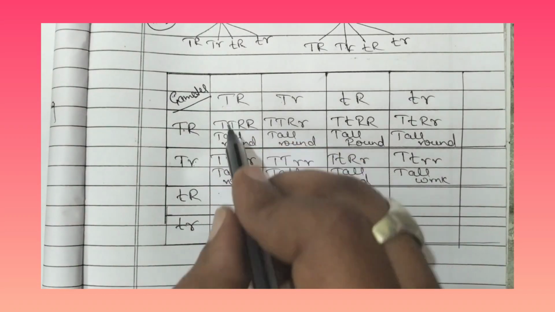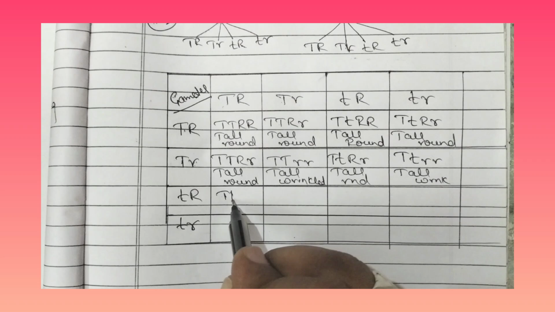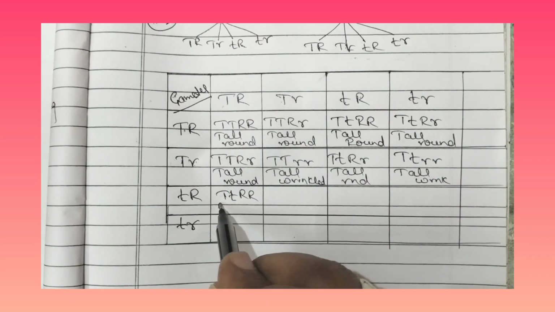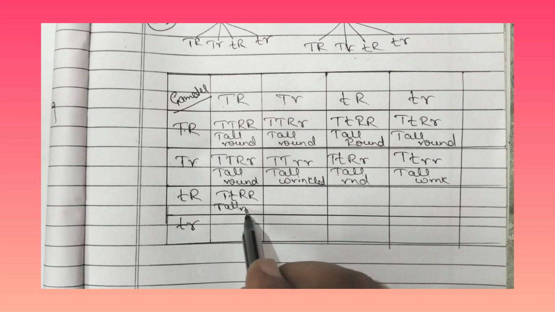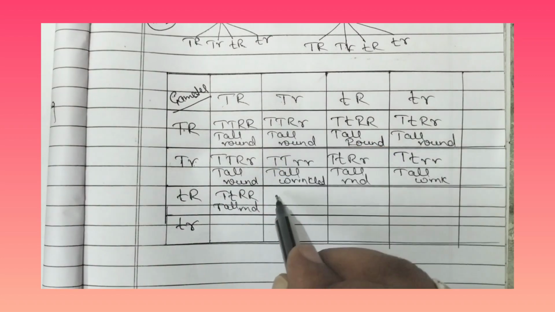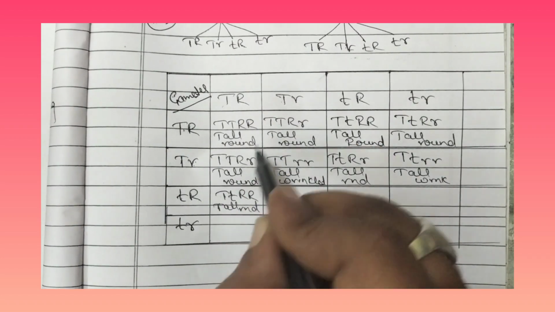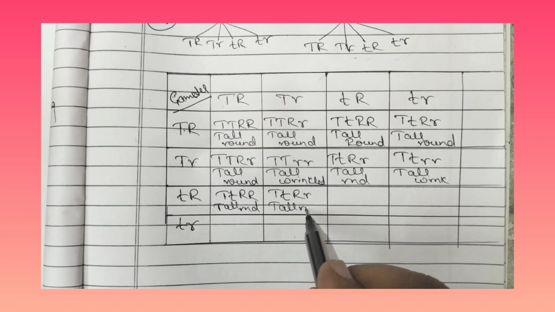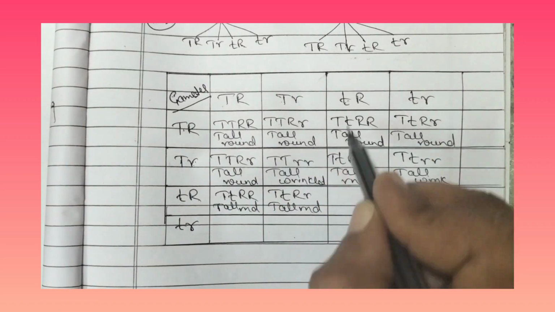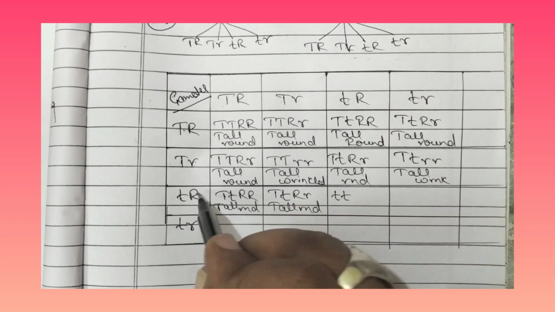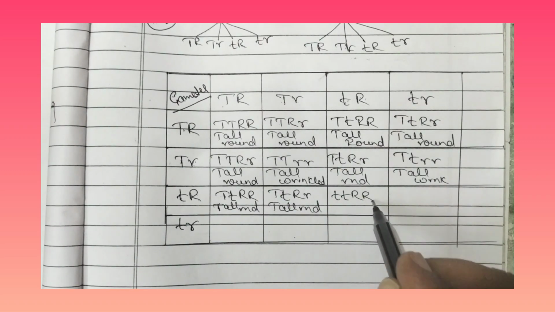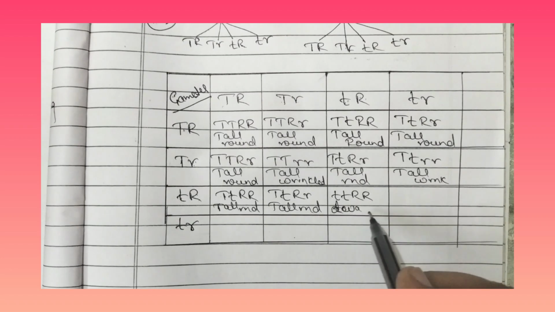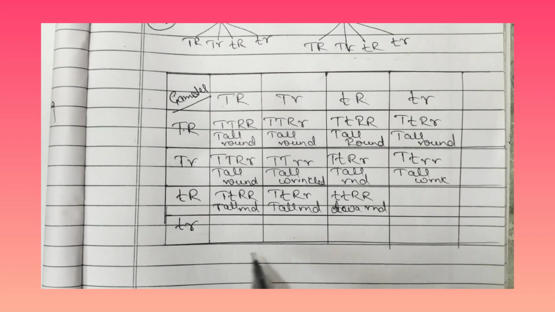Small t, capital R, capital R. So it will be tall, round. Small t, capital R, small r. It will be tall, round. Small t, capital R, capital R. So it will be dwarf, round.